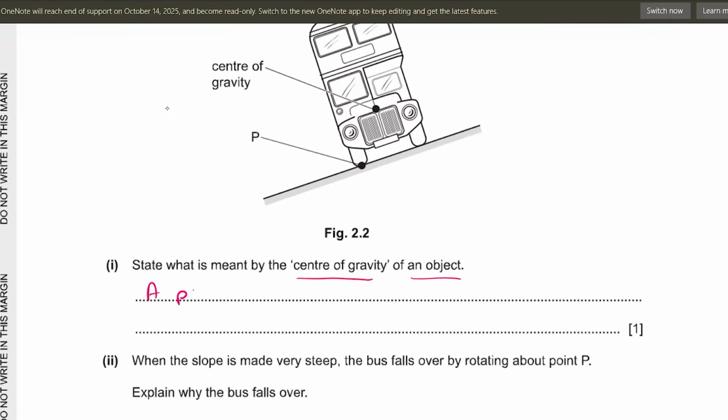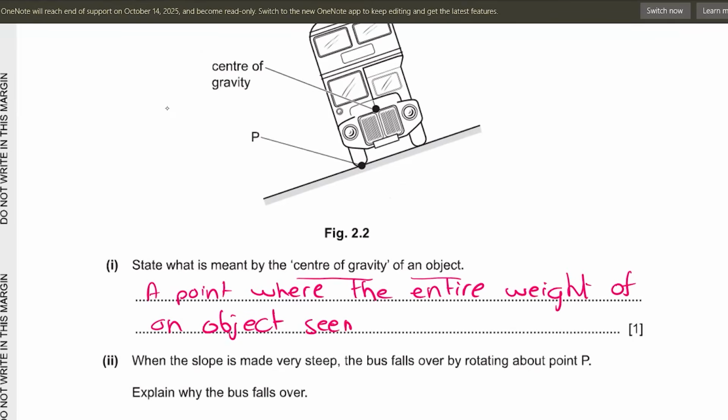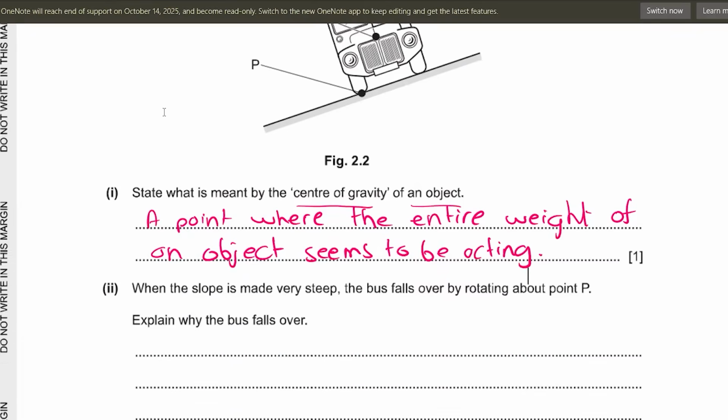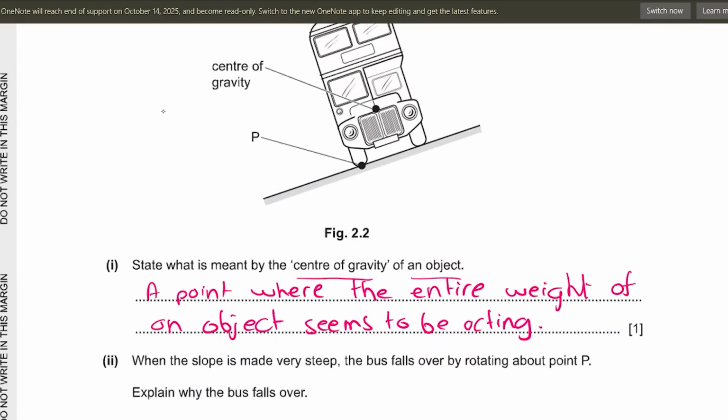A point where the entire weight of an object seems to be acting. Easy peasy. अभी वेट किस तरह एक्ट कर रहा होगा? Somewhat like this, vertically downward like this.